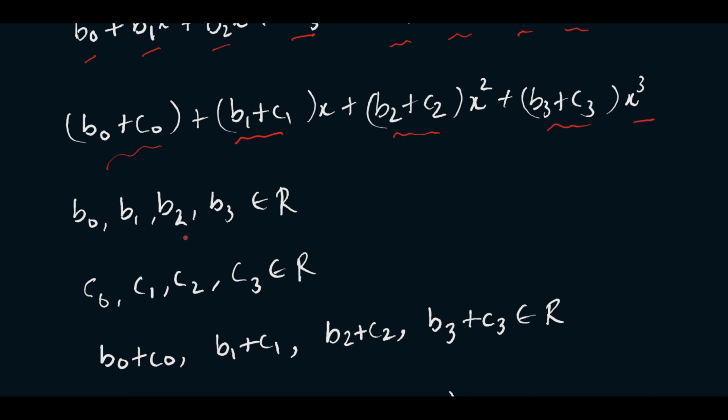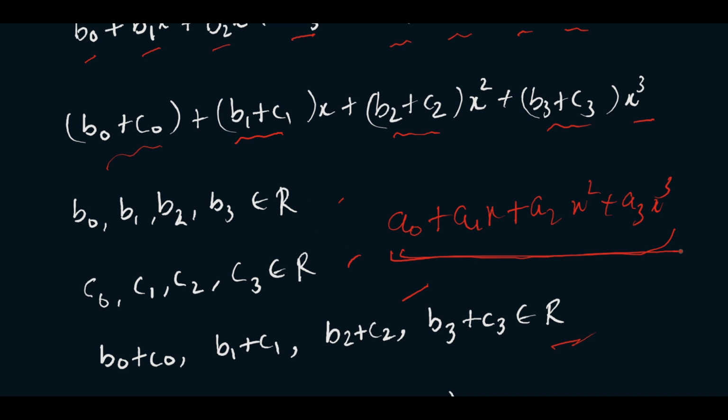Since b0, b1, b2, b3 were in R, and c0, c1, c2, c3 are also in R, b0 plus c0, b1 plus c1, b2 plus c2, b3 plus c3 are also in R. This gives us a polynomial of the form a0 plus a1x plus a2x square plus a3x cube. So the combination of polynomials also gives us a polynomial of this form.